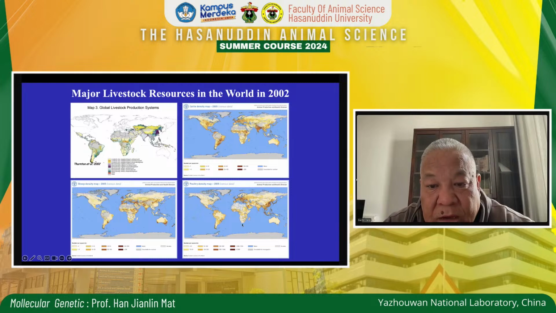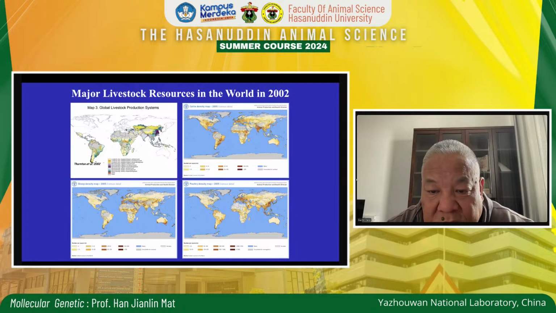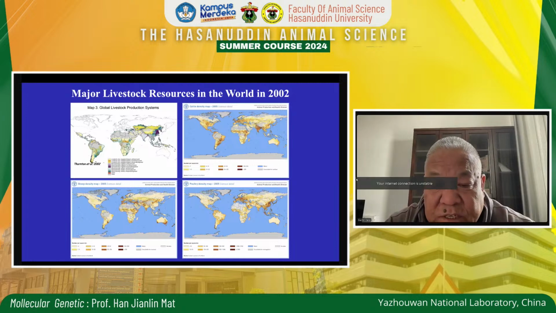But in the bottom right corner, for poultry, we can see poultry are densely distributed in Europe and Southeast Asia, while in Africa they are less important. There are not many poultry in Africa.